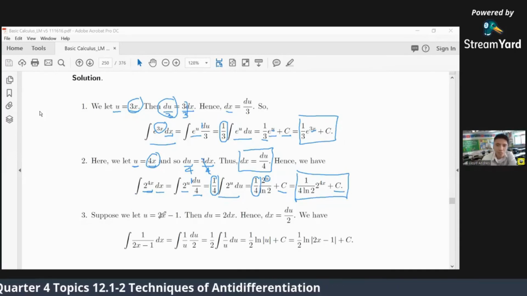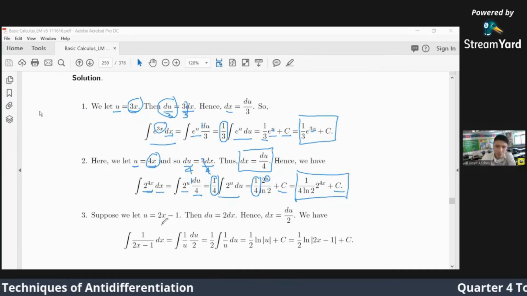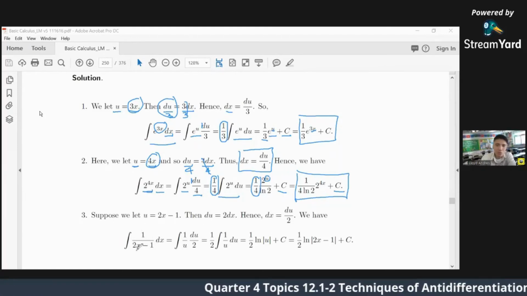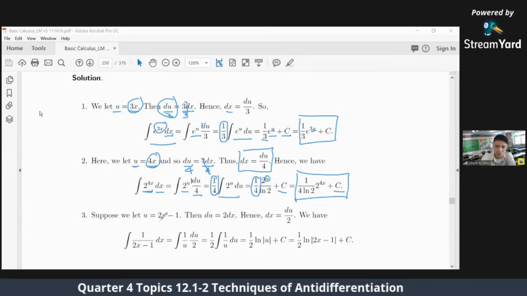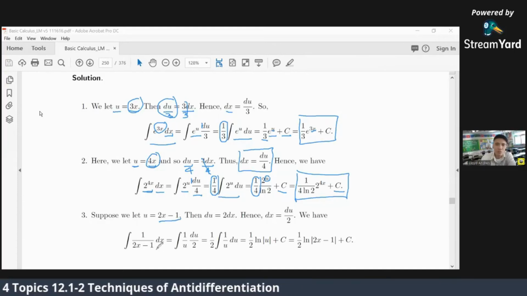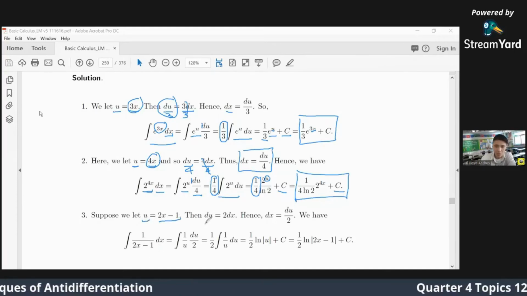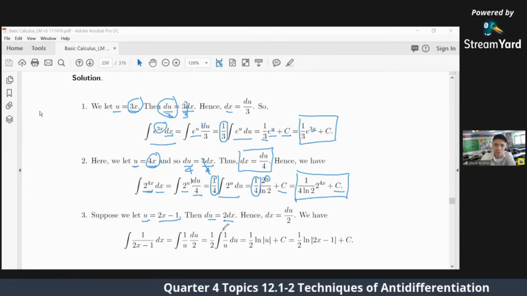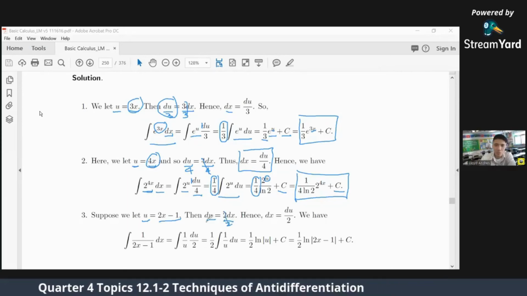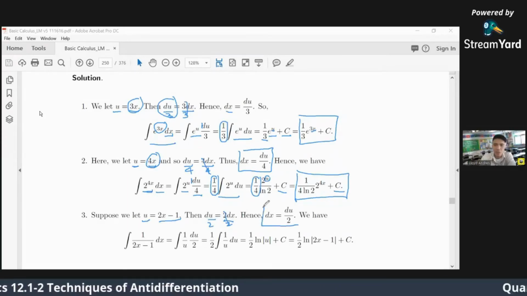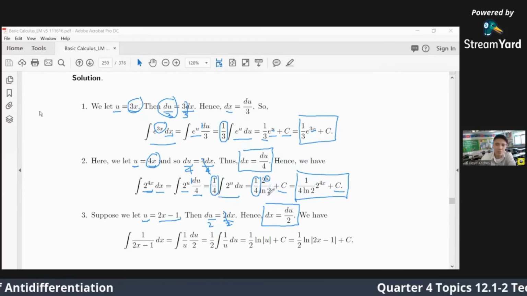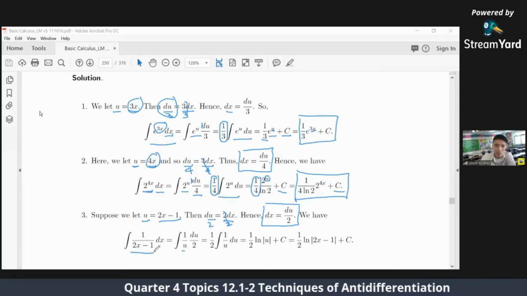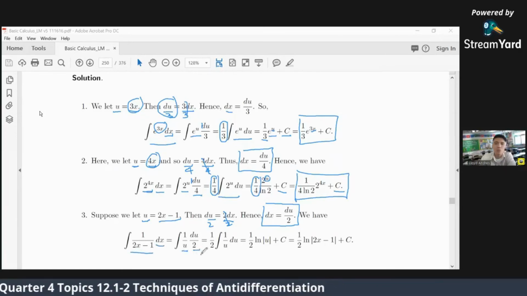And last, kani kung mga 1 over, ngani, 1 over 2x minus 1, usually ang denominator ang ilet u na to. So du, derivative ni u is du, derivative ana 2 dx. Tapos dividing both sides by 2 para dx na lang. Therefore, dx na to is equivalent to du over 2. Then by substitution, this becomes 1 over u, ang dx becomes du over 2.